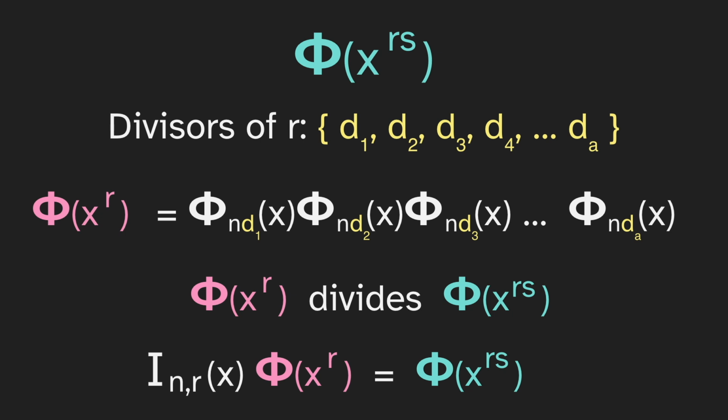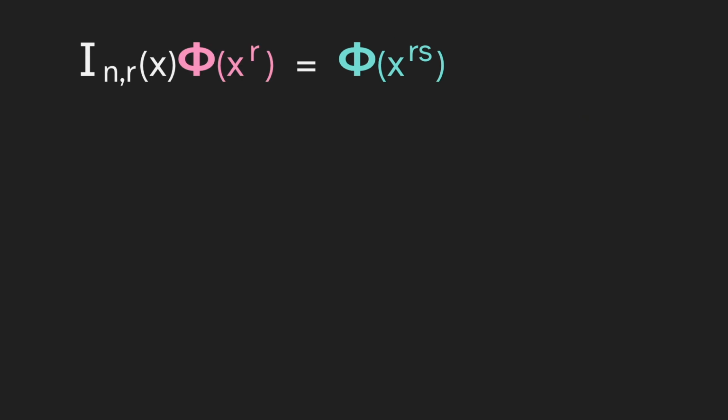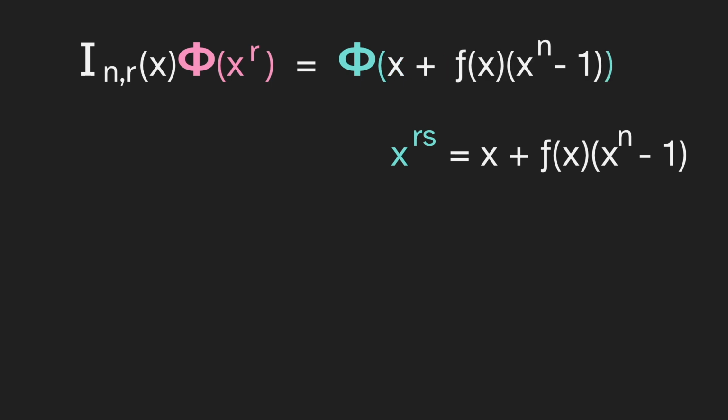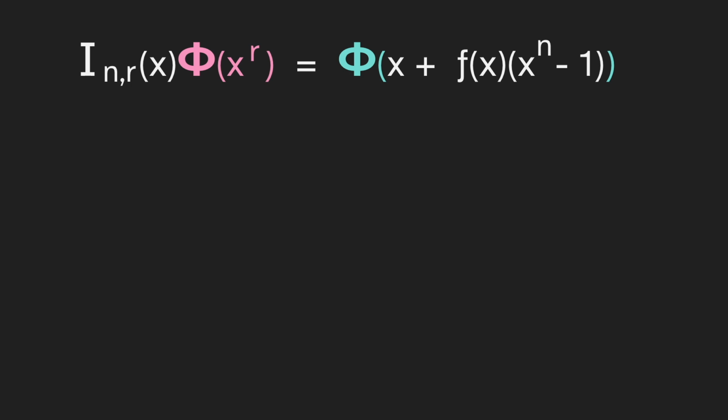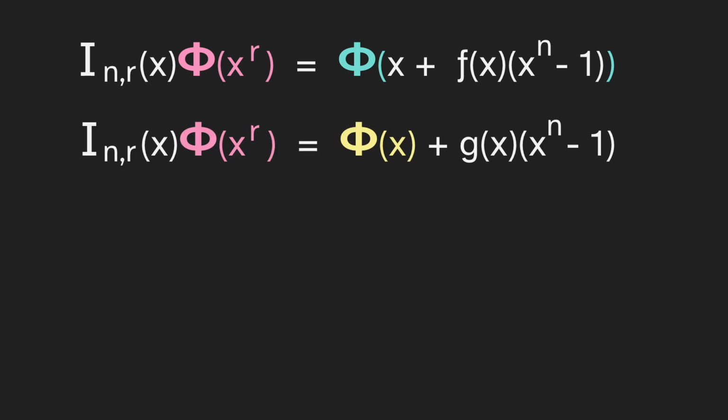That is the inverse. So let's bring this equation over, and we will recall from earlier, we said x to the rs equals x plus some multiple of x to the n minus 1. So we can substitute that in the right half of the equation. Okay, so the input on the right is x plus a multiple of x to the n minus 1, which means the output will be phi of x plus some multiple of x to the n minus 1.